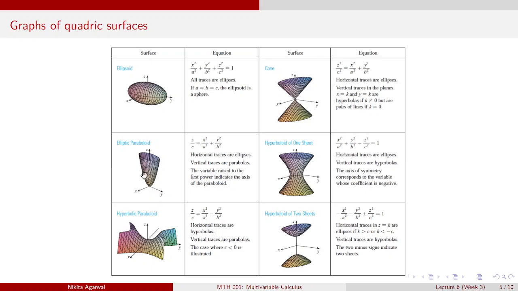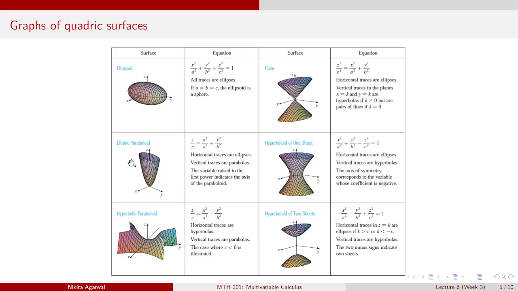Let us look at the elliptic paraboloid, right? Here your z comes with a linear term and x and y come with square terms, right? Now when I put z equal to constant, I get an ellipse, right? And when I put x equal to constant, then I get parabolas, right?